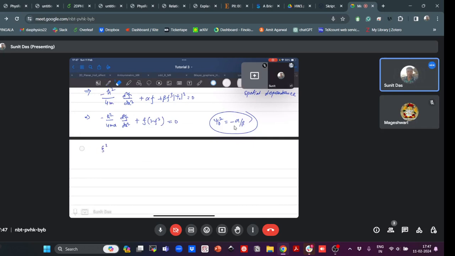So define ξ² equal to minus ħ² by 4mα, this term, which is actually positive because α is negative here. ħ² by 4mα₀ (Tc minus T) to the power minus 1, right? Because α₀ equal to T minus Tc. So α₀(Tc minus T). For T less than Tc, α is positive.